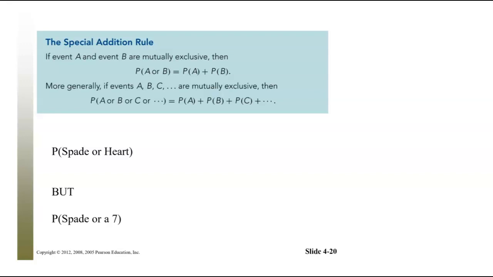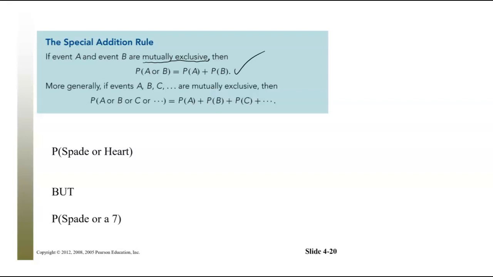And we'll do both here. So let's talk about the addition rule. Let's suppose we wanted the probability of A or B occurring. Well, the special addition rule says as long as they are mutually exclusive, meaning they don't have anything in common, you simply add up their two probabilities.